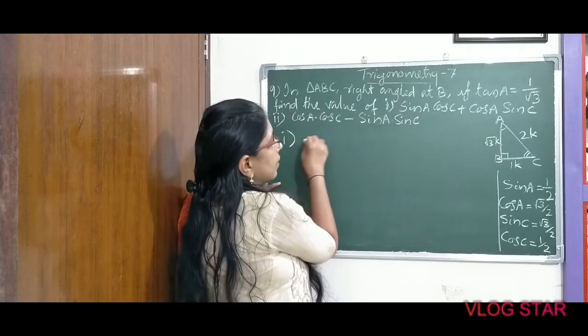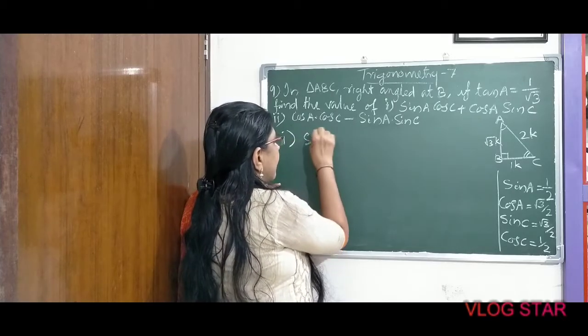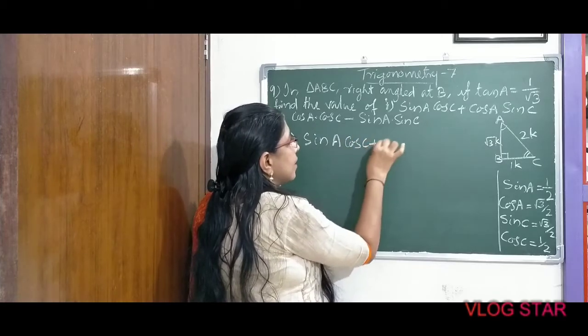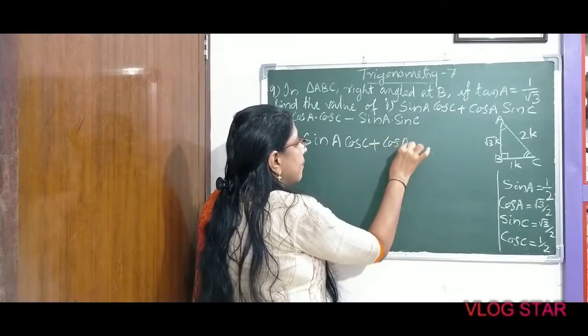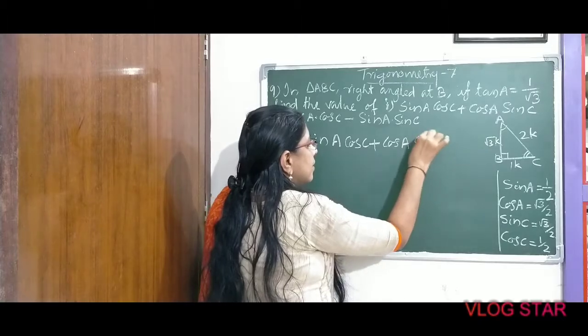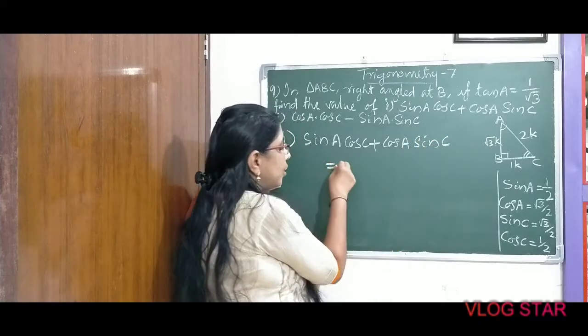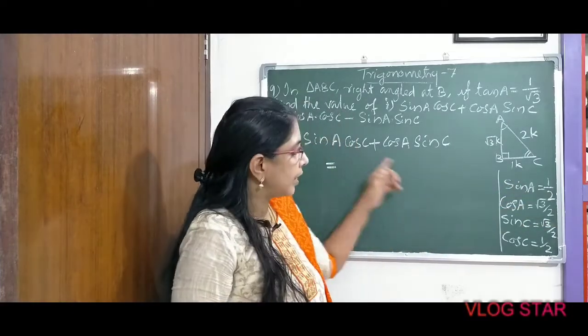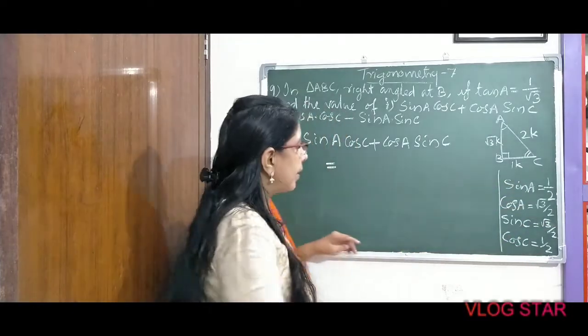First part, sin A cos C plus cos A sin C, which is equal to, we know that sin A is equal to half and cos C is equal to half. Write it over here.